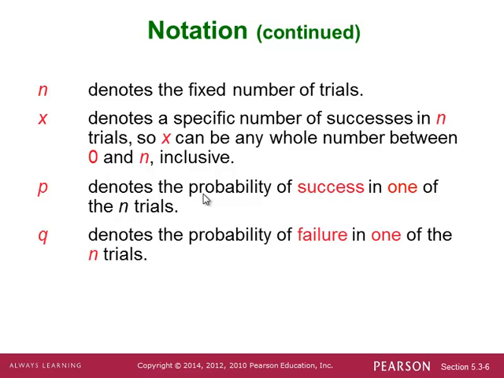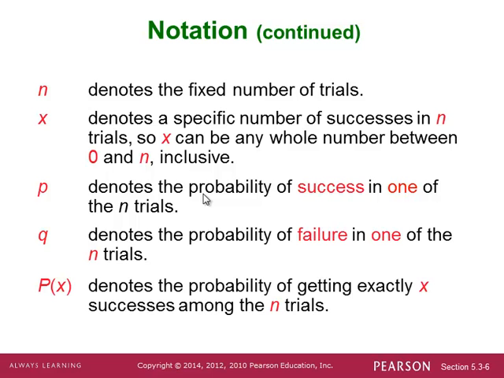Q is the probability of a failure in one trial. This capital P of x means the probability that random variable x is going to be a certain number of successes out of n trials.